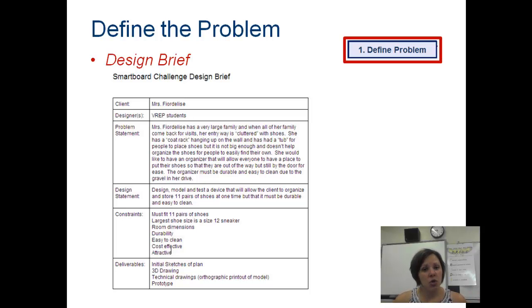Then lastly, it allows us to identify the constraints, things that we have to think about when designing our solution. And then we talk as a group, because usually this is done in a team of engineers, a team of people. We have to think about how we are going to present this information to others. So that's the process of the design brief. It helps us clarify and narrow down to what our problem is and what we're going to do to try to tackle it.